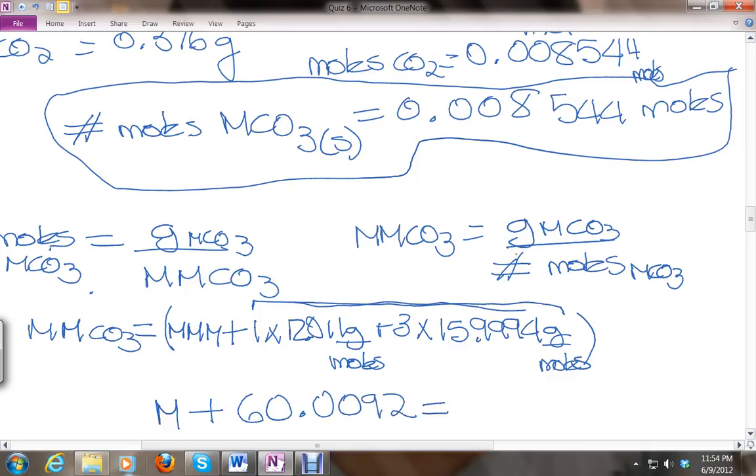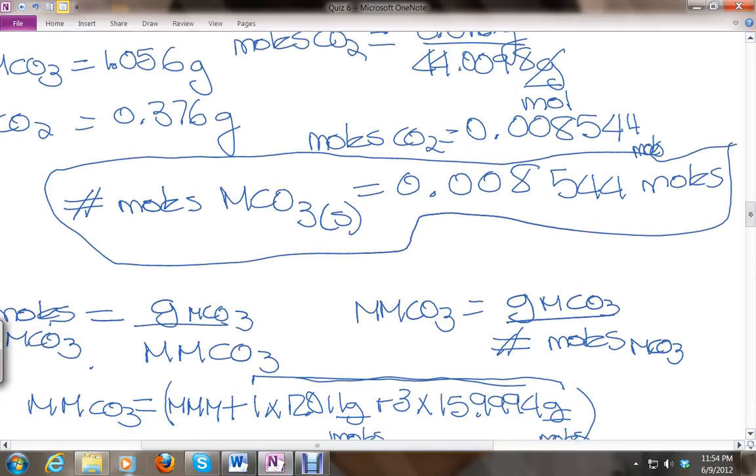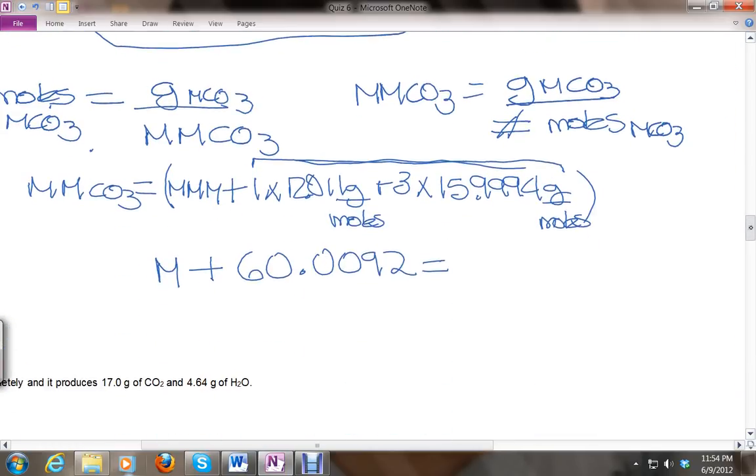And that is going to give me the grams, which we have. The grams is 1.056 of the whole metal carbonate. And the moles are going to be 0.008544 moles.